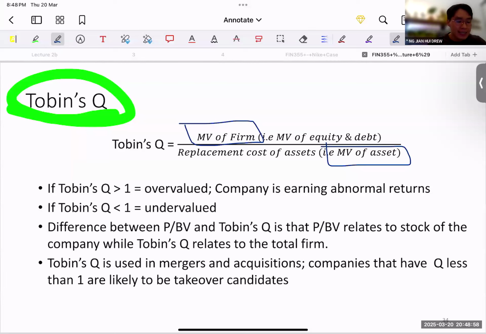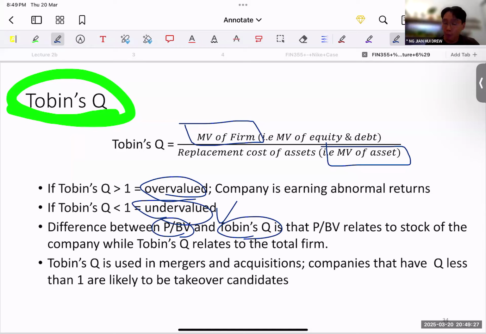Just want to highlight. So in any case, if Tobin Q is more than 1, it's overvalued, right? And if it's less than 1, undervalued. Of course, we want undervalued stock. Just to highlight, the difference between price to book value and Tobin Q is that Tobin Q is using the firm, while price to book value is just focusing on equity.